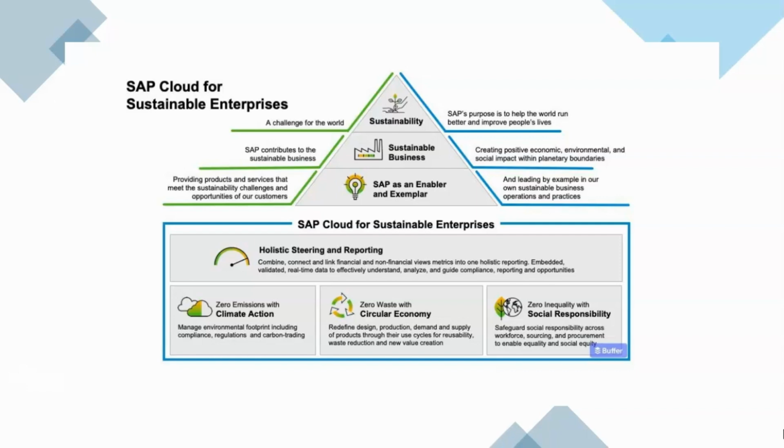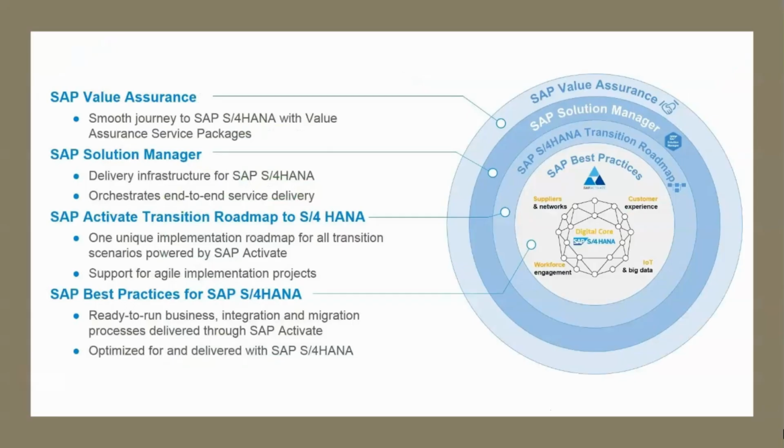SAP's purpose is to help the world run better and improve people's lives. SAP contributes to sustainable businesses, creating positive economic, environmental, and social impact within planetary boundaries, providing products and services that meet the sustainability challenges and opportunities of our customers, and leading by example in our own sustainable business operations and practices.